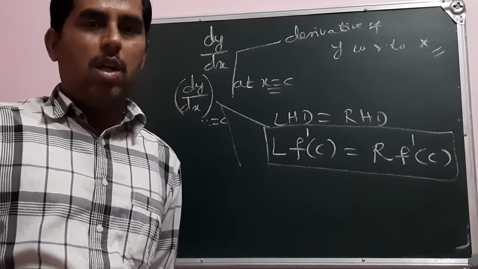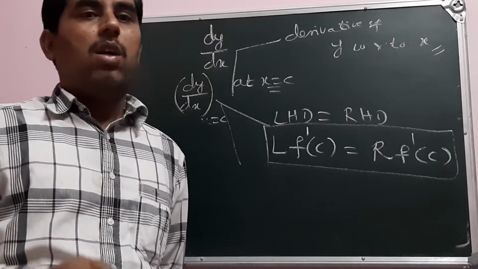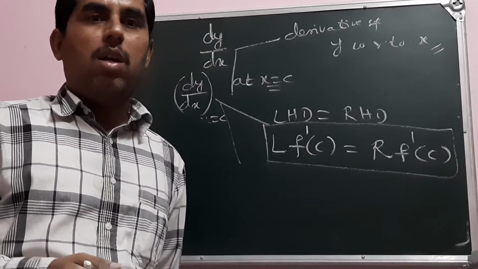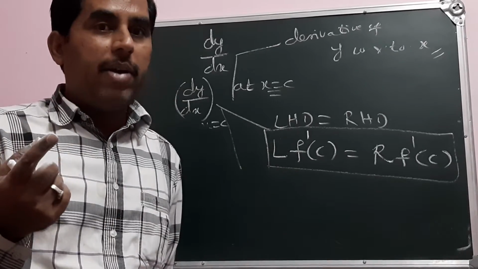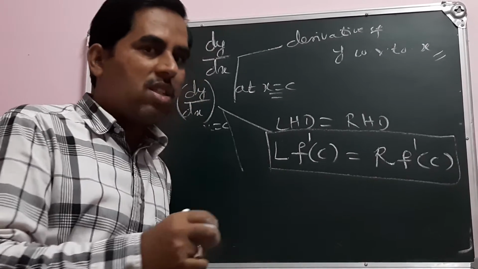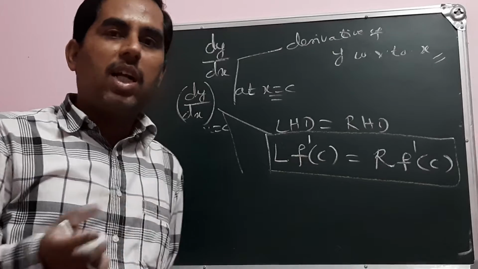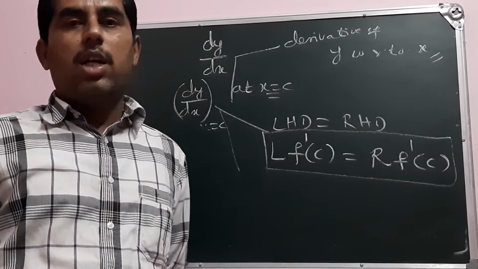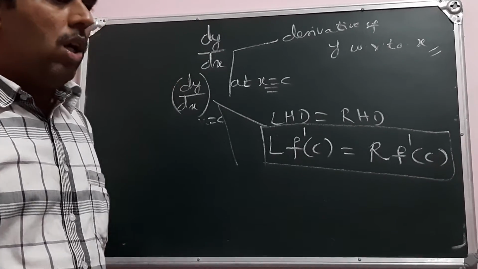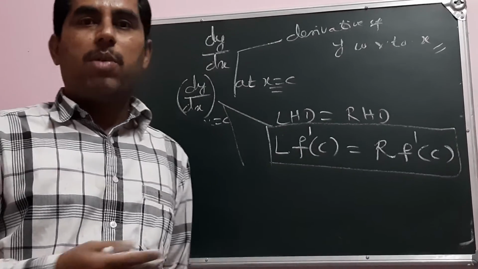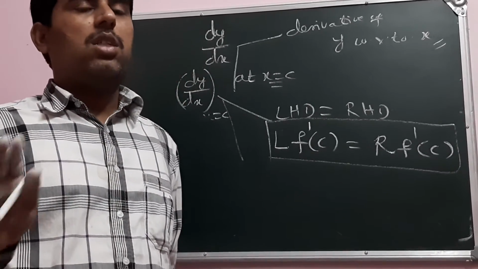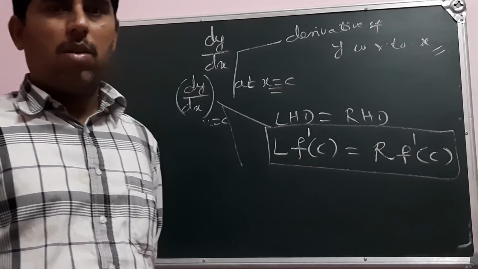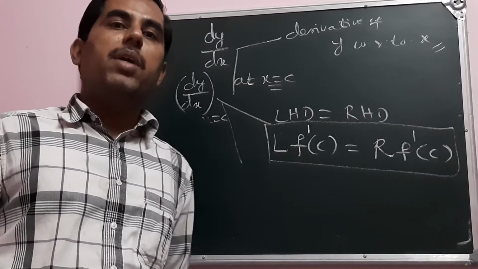For differentiability, the left hand derivative and the right hand derivative both should exist and both should be equal. Then only we say that the function is differentiable. So continuous functions need not be differentiable, but differentiability implies continuity. That is the summary of today's class. Let us meet in the next class.